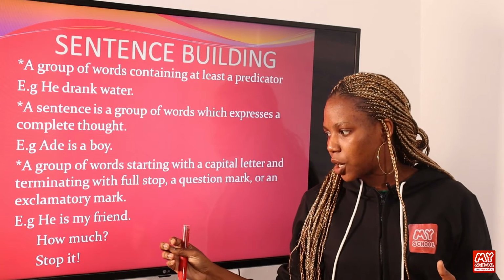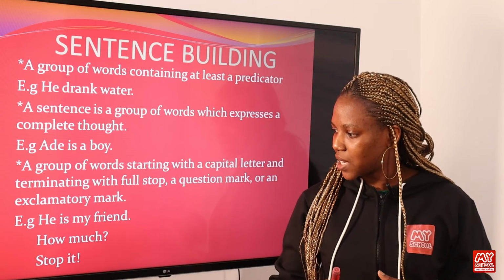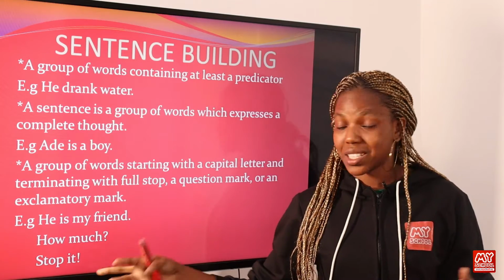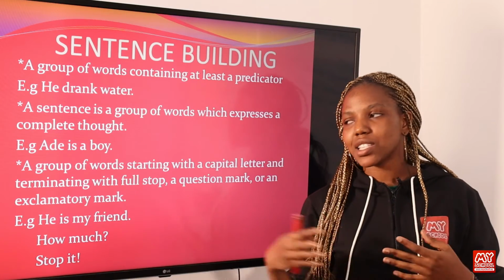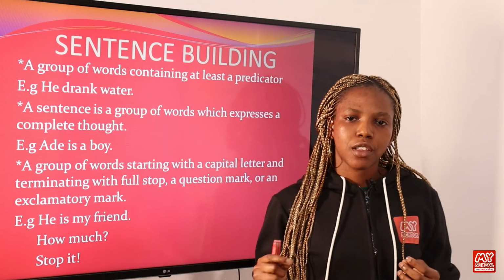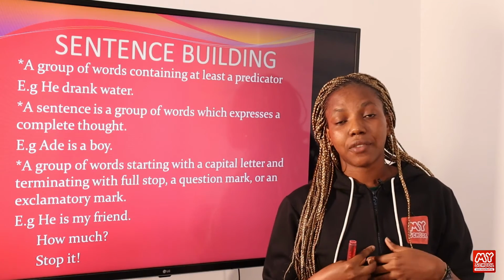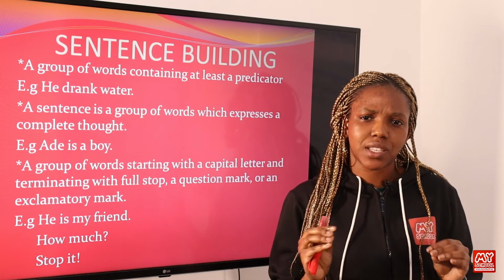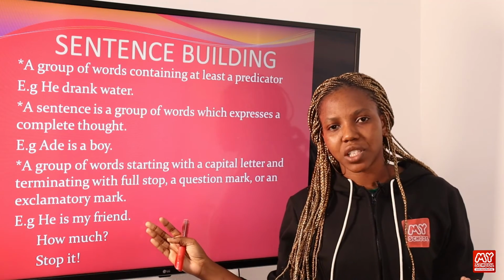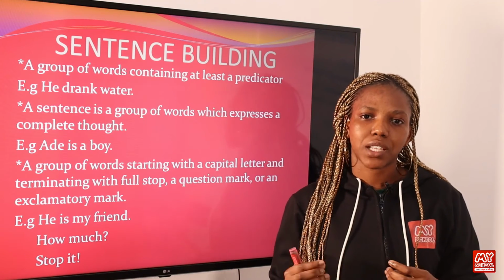Let's take a look at this. It says a sentence must start with a capital letter and end with a full stop or a question mark or an exclamation mark. Now, this would only be meaningful when you are writing. Let's take for instance, I have to make a speech. How do we know it's a sentence when I have to speak? So this definition is only useful when it's in written form.